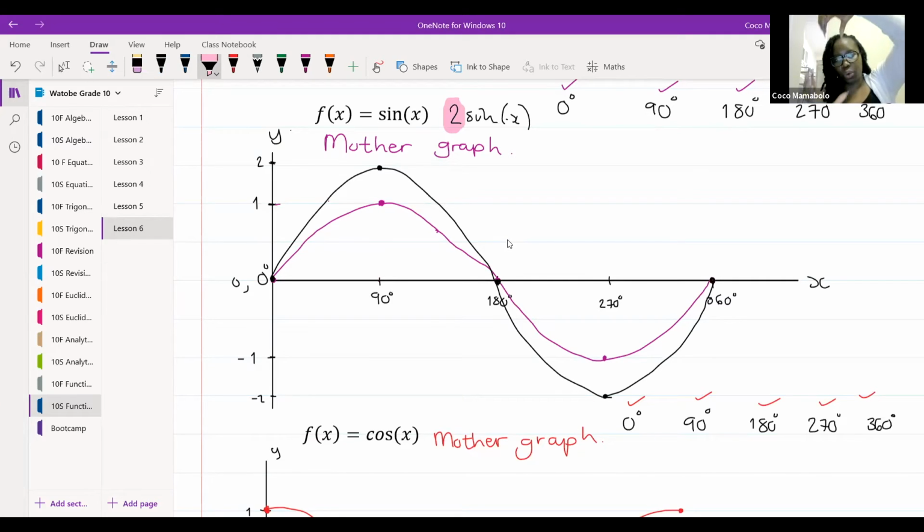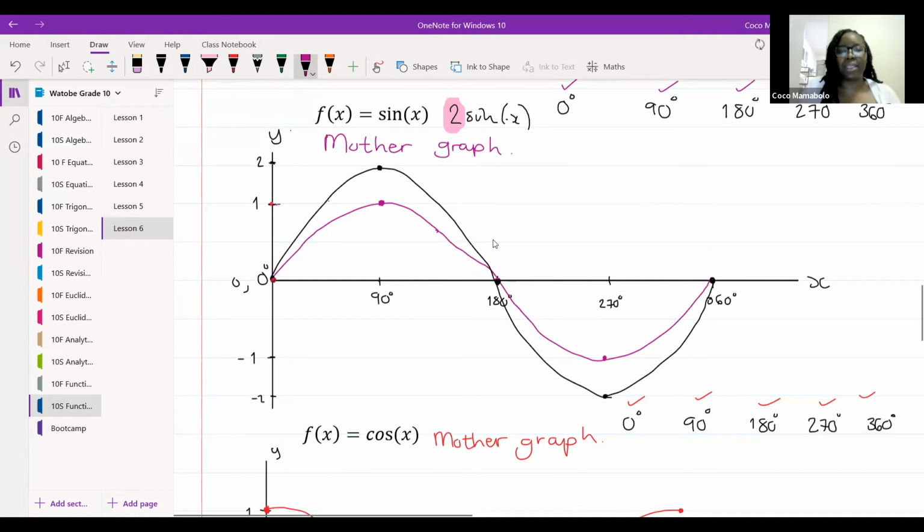It stretched it out, made it taller on each side. Where my graph used to go from 0 to 1, now my graph goes from 0 to 2. Okay, amazing stuff. Well done, guys.